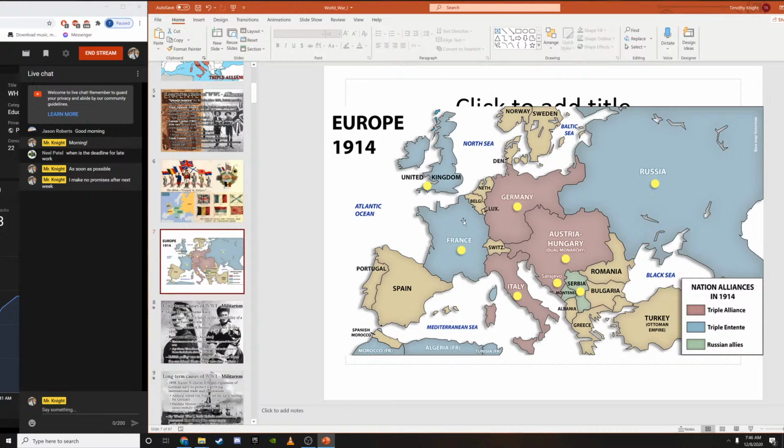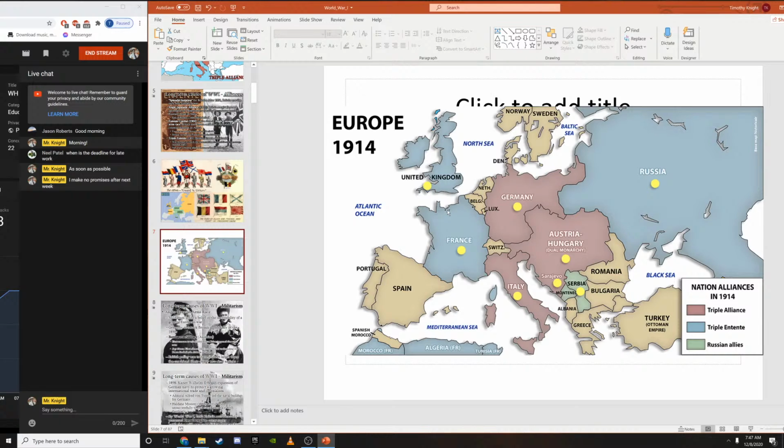And the reason I'm taking the time to show you where Belgium is is because Germany basically just strolls through Belgium to France. The Belgians put up a stronger resistance than the Germans thought that they would, but it's not going to be enough to stop them completely. And the Germans proceed into France through Belgium.